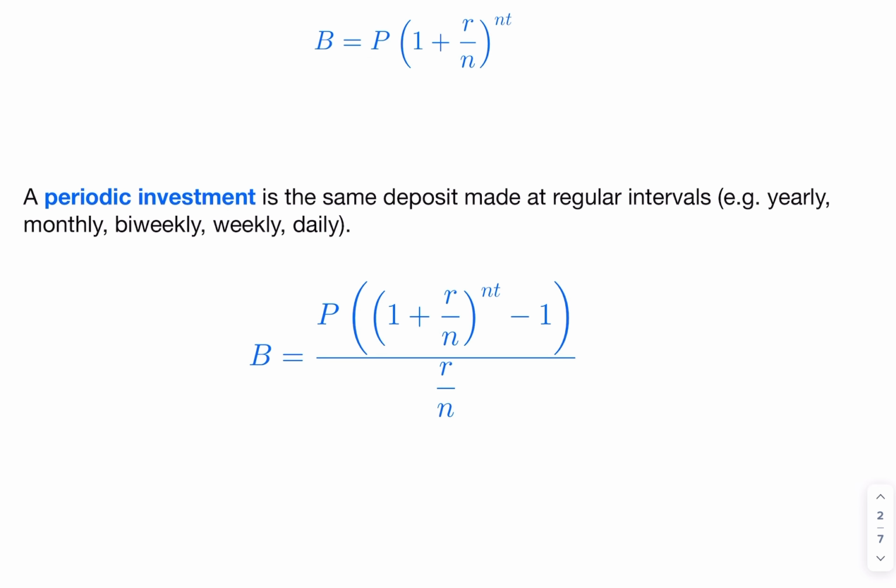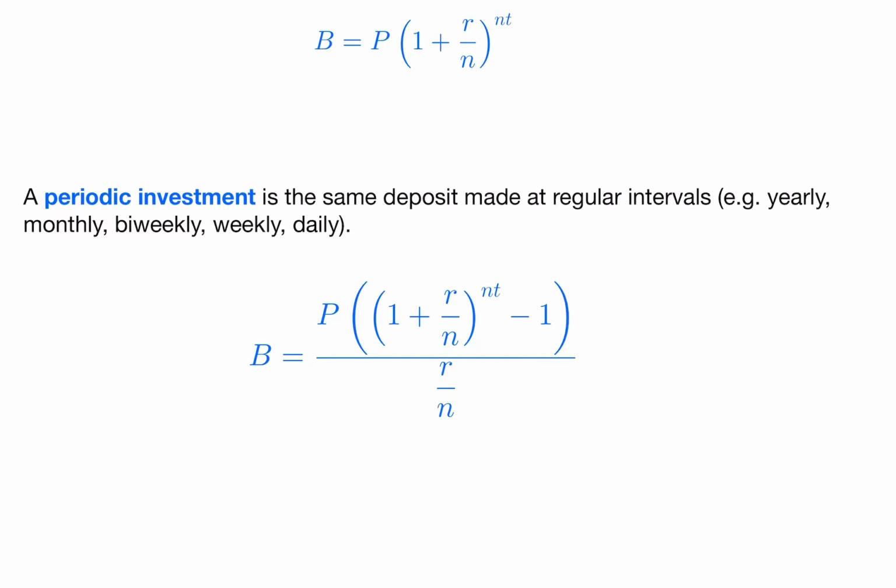And the equation to calculate that is the principal amount, so the initial amount, times the quantity 1 plus the rate in decimal form divided by the number of compounding periods, raised to the number of compounding periods times the years, minus 1. And that is all divided by the rate divided by the number of compounding periods.